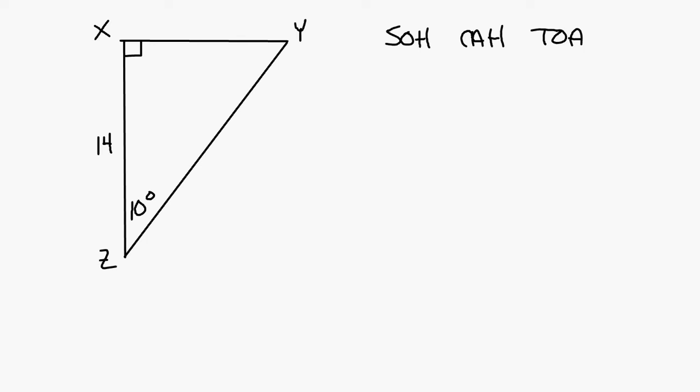So let's see, opposite and adjacent, that's tangent. Tan 10 equals the opposite side, which is side xy, over 14. Now your variable's in the numerator. This is even easier.